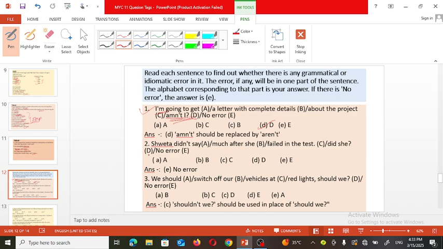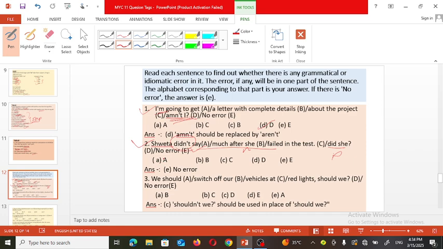Now see the next example. "Shweta did not say much after she failed in the test." At the end of the sentence, "did she" is given. As you can observe, "didn't" is used in the sentence, which means the sentence is negative. So the question must be positive, and it is.